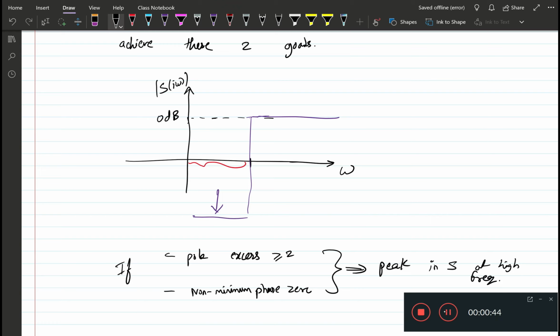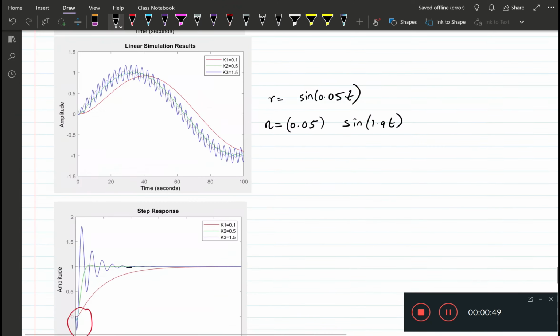And this is, as you saw already in the lecture, made plausible by the Nyquist plot.